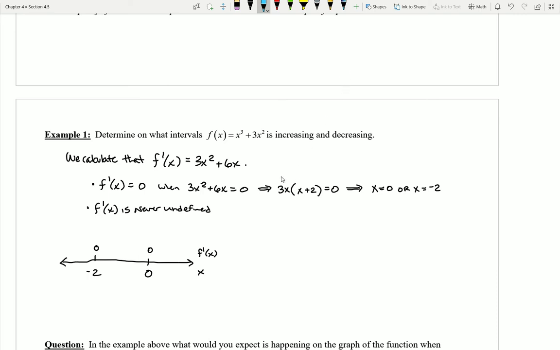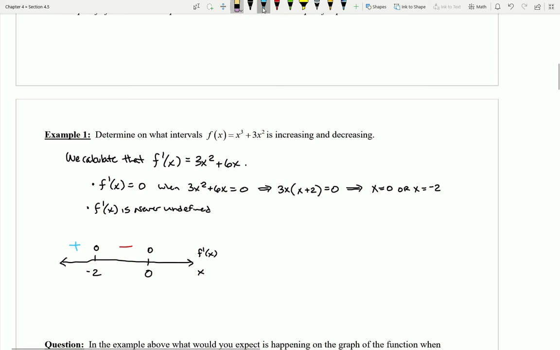So if I plug in a value like negative 3, this piece here would be negative, this piece here would be negative, and negative times negative results in a positive value. So over here, my derivative spits out positive numbers. Now, if I pick a value between negative 2 and 0, maybe like negative 1, I can see that this is going to produce negative values, and this quantity here is going to produce a positive, meaning that the total result is negative.